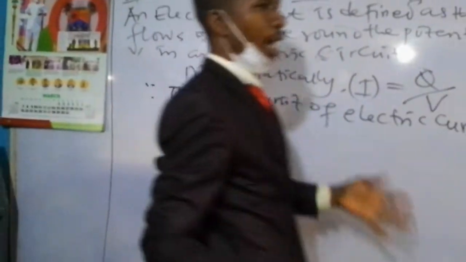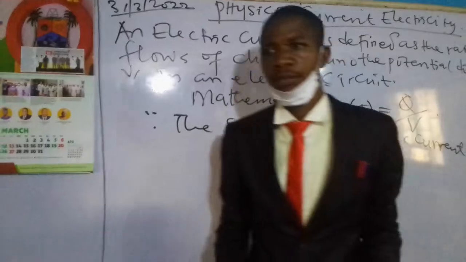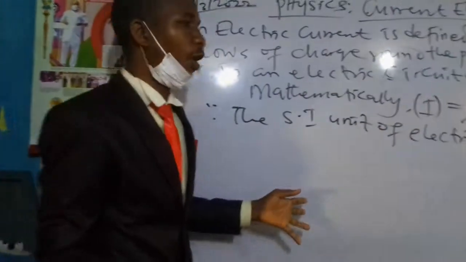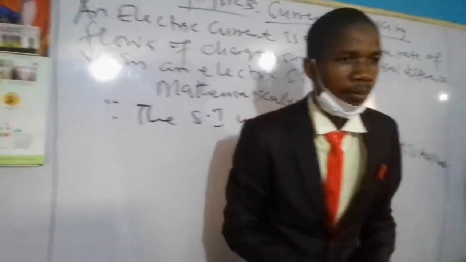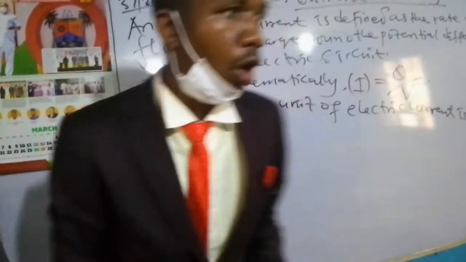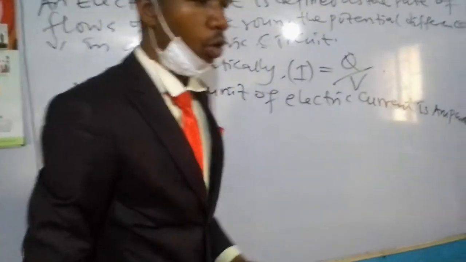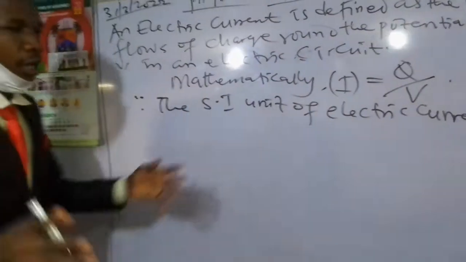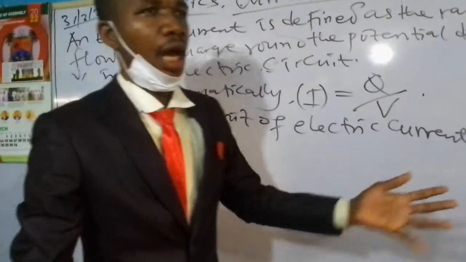Then we have to look at Ohm's law. The scientist known as Ohm formulated the relationship between a metallic conductor and the potential difference between the ends of the conductor. He formulated his law as follows.